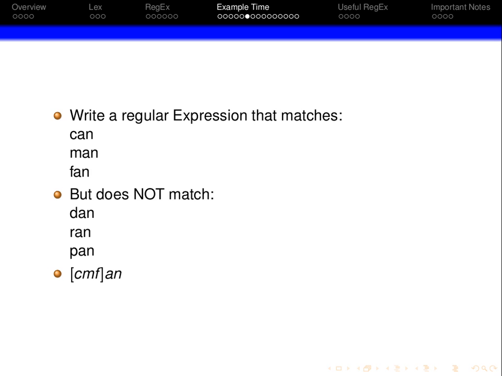All right, Tyler, why does Dan not match this? Right, it has to have C or M or F from the very beginning. Right, so that square bracket CMF is saying it has to begin with that. That's what I said. Yeah, it's totally what you said.